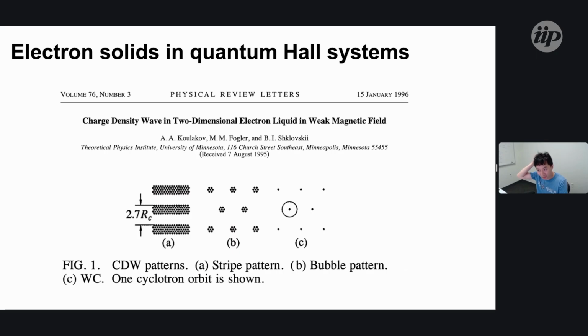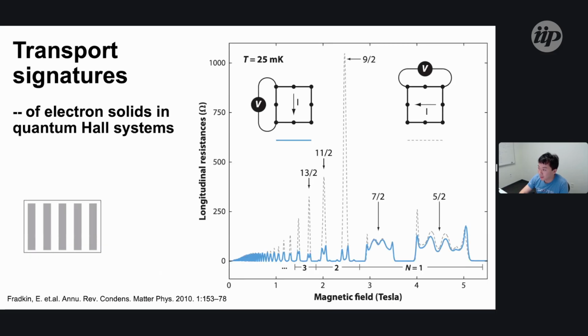Right, so just want to mention that apart from the bubble phase, there's also a stripe phase that was predicted in quantum Hall effect systems, and this was later on observed at the Landau level filling 9.5, 11.5, where the higher filling Landau levels seem to show this stripe signature. And the way they measure this is to do transport measurement across a van der Pauw geometry where you can flow current in two orthogonal directions, right?